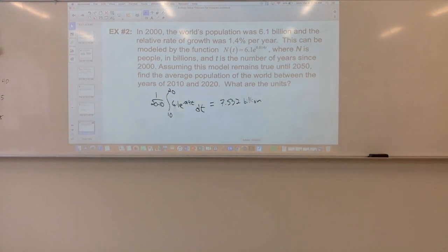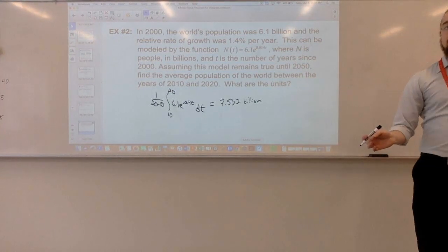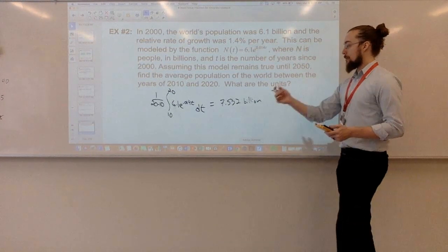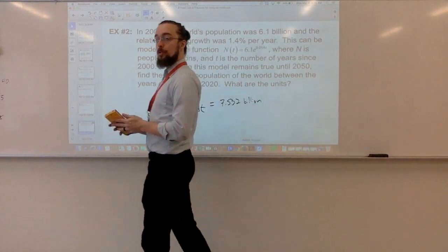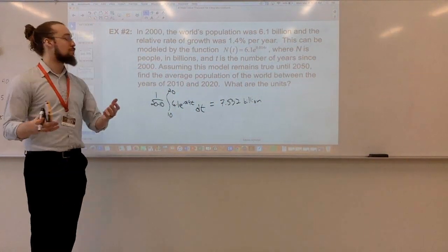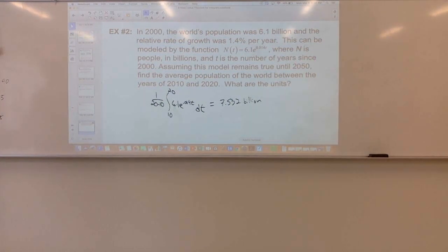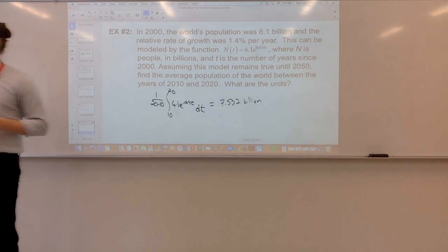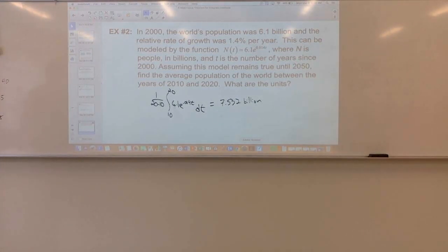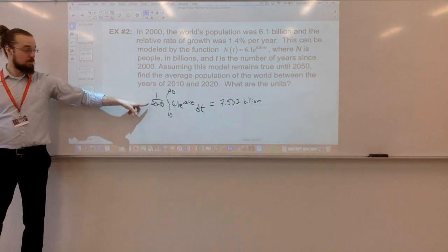That was the rate of change. That's the average value. Okay. So this is saying in between 2010 and 2020, the average number of people was 7.5 billion. I multiplied that by 1/10.